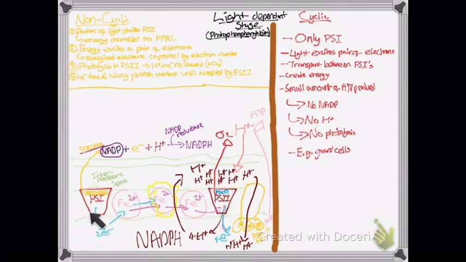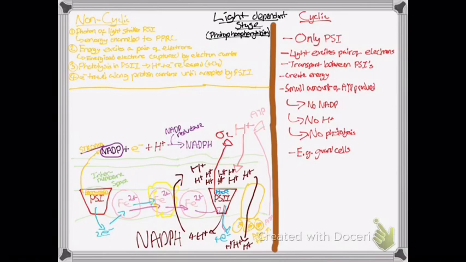So not only do electrons come from photosystem 2, they're also coming from photosystem 1, and they're passed to NADP in the stroma. So then we've got this equation here: NADP plus e- plus H+, so protons and electrons, and NADP, by the catalyst NADP reductase, forms reduced NADPH, so reduced NADP.